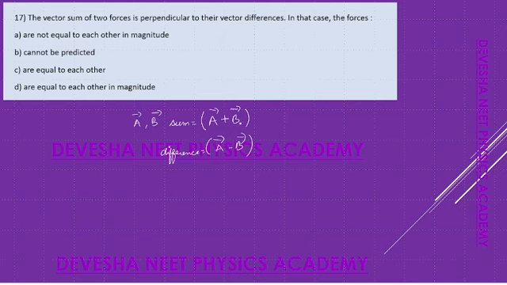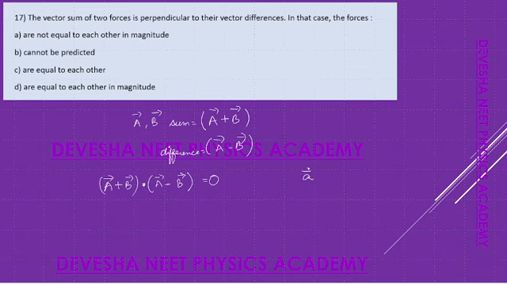We saw earlier that if two vectors are perpendicular to each other, their dot product will be equal to 0. So A plus B dot A minus B is equal to 0. Why am I saying this?